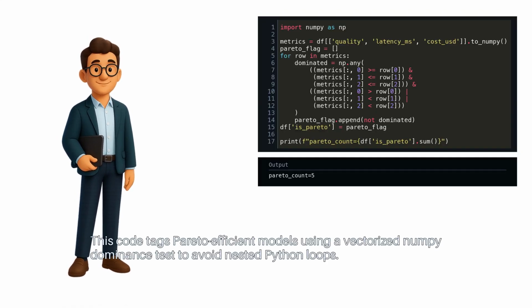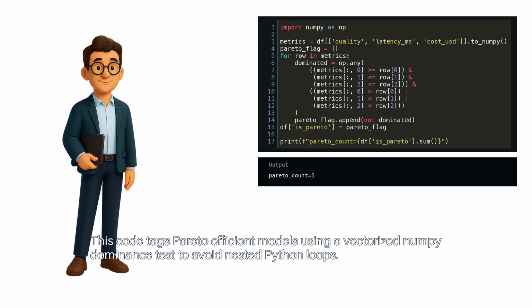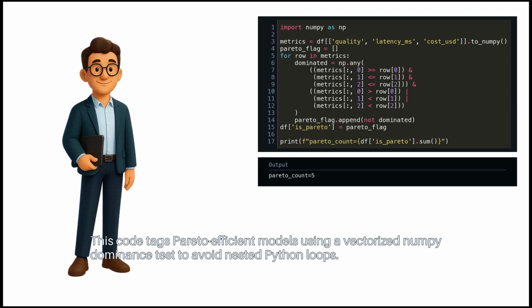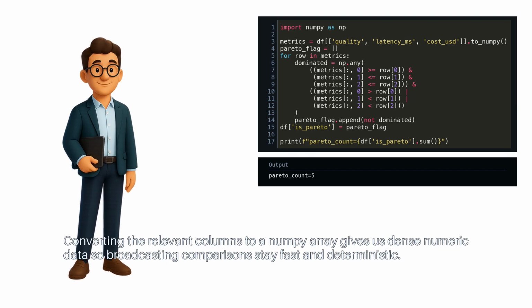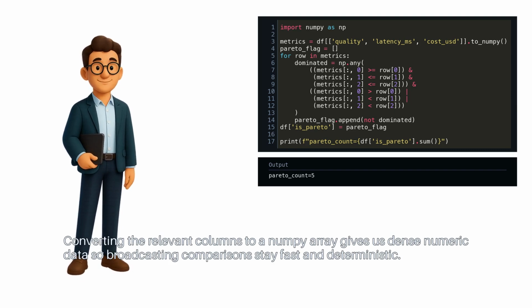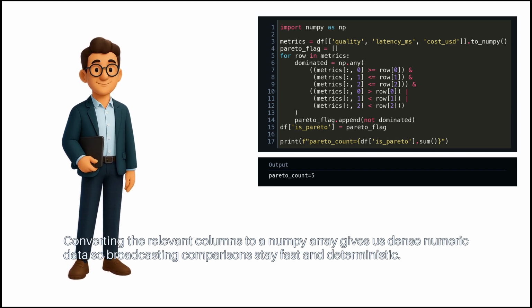This code tags Pareto-efficient models using a vectorized numpy dominance test to avoid nested Python loops. Converting the relevant columns to a numpy array gives us dense numeric data, so broadcasting comparisons stay fast and deterministic.